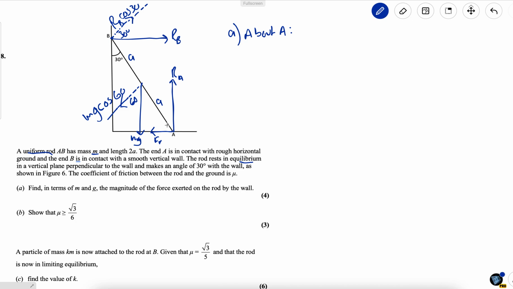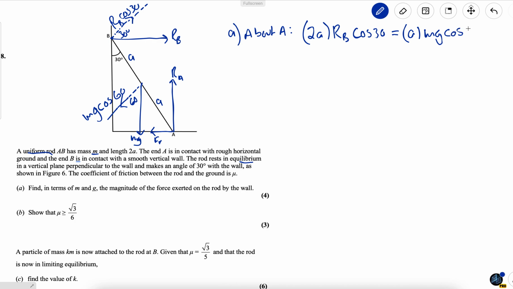So now I've got those marked and I can take moments, and there are only 2 forces, one going anti-clockwise and one going clockwise, and the ladder's in equilibrium, so they will equal each other. So RB is here multiplied by 2A, so force times distance. 2A RB cos 30 is equal to A times mg cos 60.